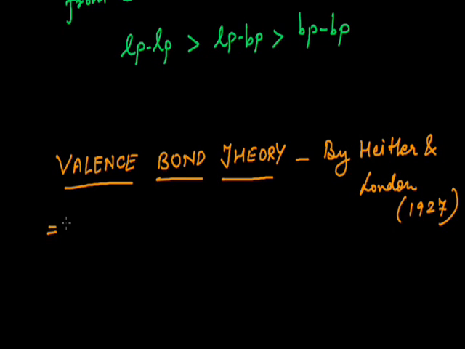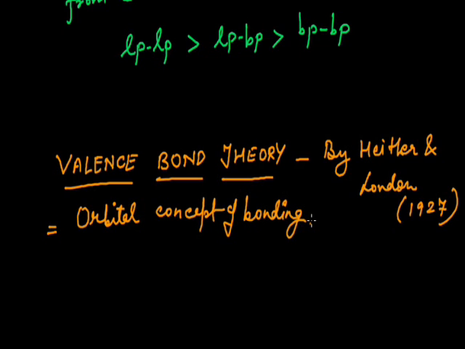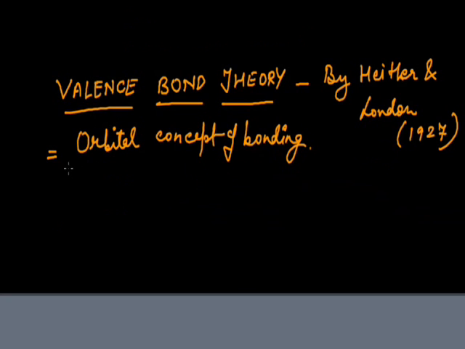This theory is also known as the orbital concept of bonding. This theory also puts some light on the concept of bonding, or the concept of covalent bonding.